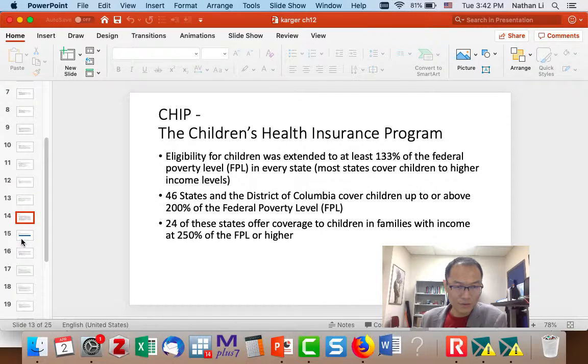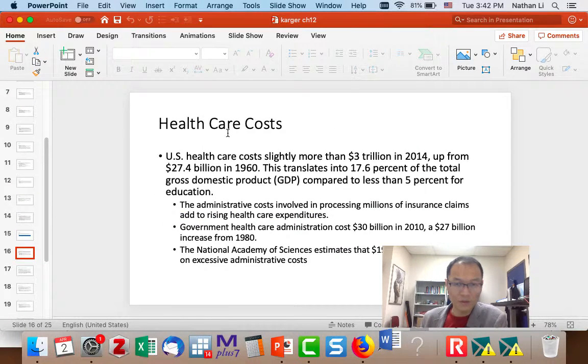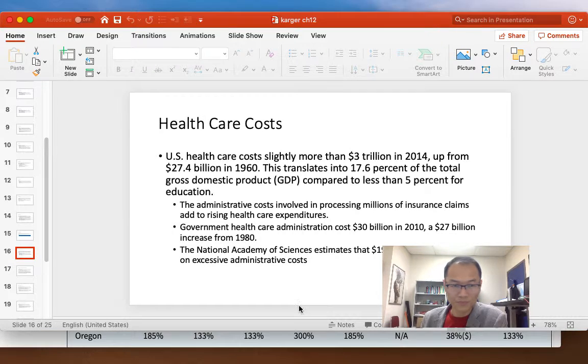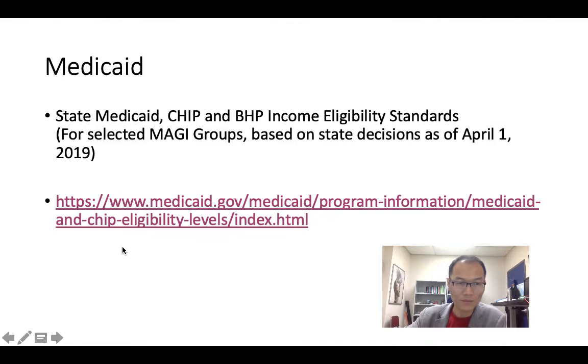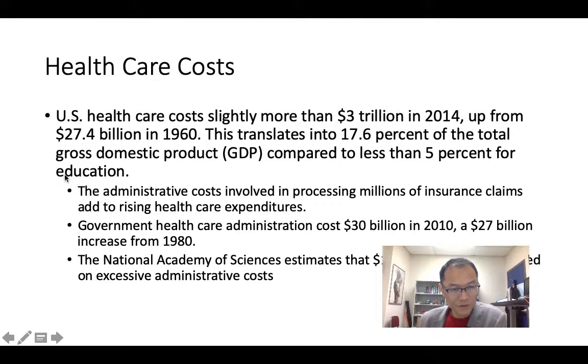Okay, let's continue. The U.S. healthcare system is often criticized based on its very high costs. This number is huge. I can't even imagine how large that number is. 3 trillion.